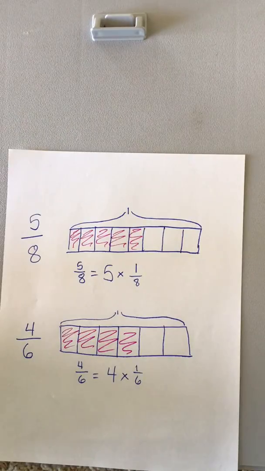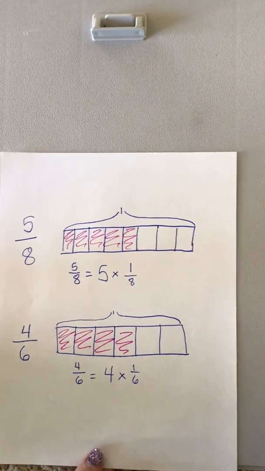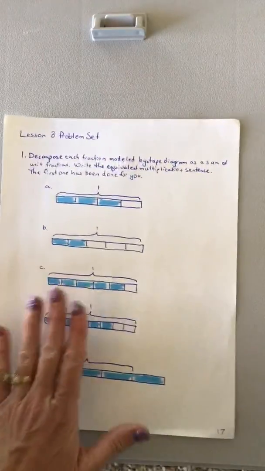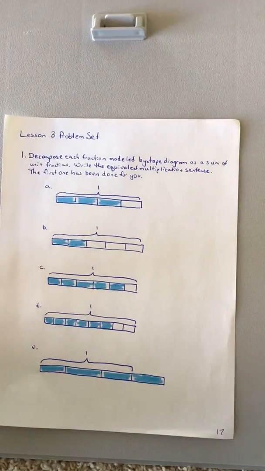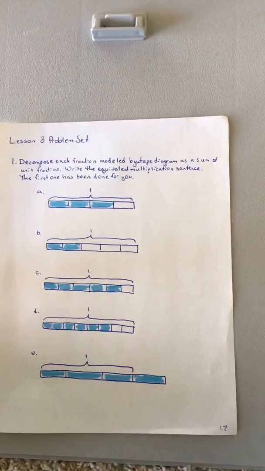Okay, well, because I do not have a math book, I had to use my teacher's guide and copy what you have. I'd like you to turn to page, I think it's going to be page 17. Okay, your lesson 3 problem set, okay? So go ahead and turn to the page where you see these 5 fraction bars.